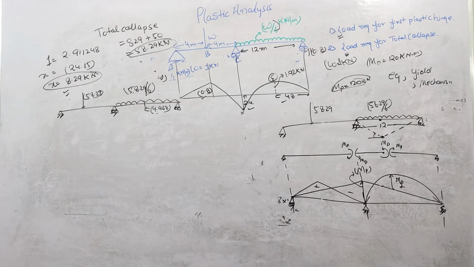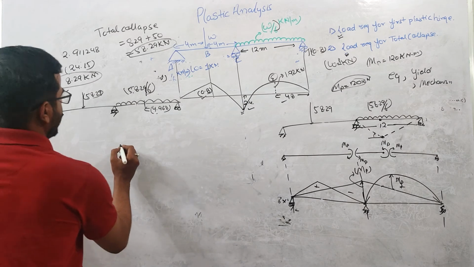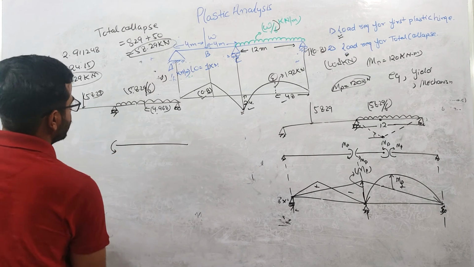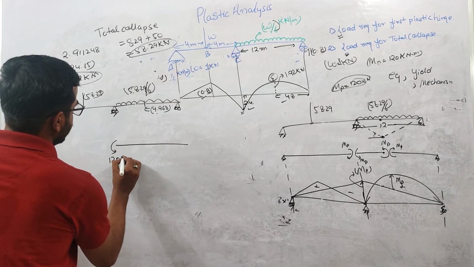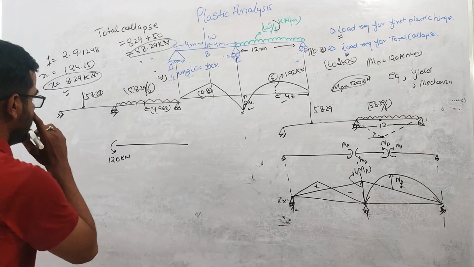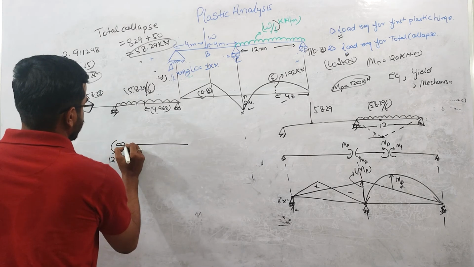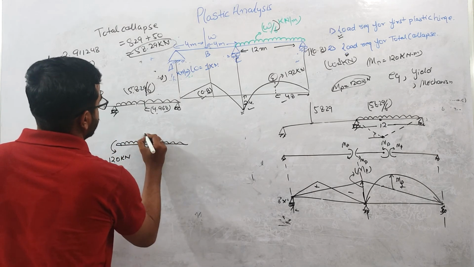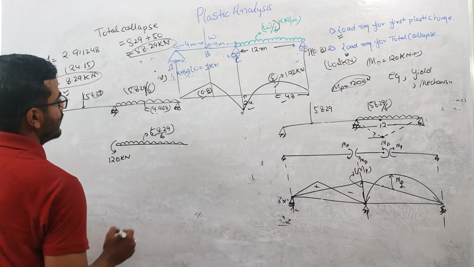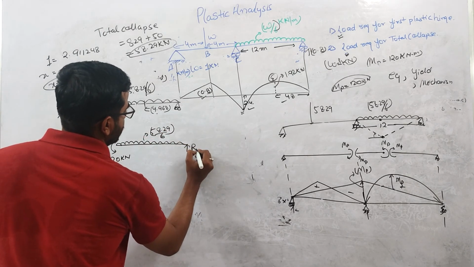First you calculate the moment. You take this beam, here the moment acting is 120 kilonewton meter, and there is a UDL of 58.29 by 6. There will be one reaction which is RD.